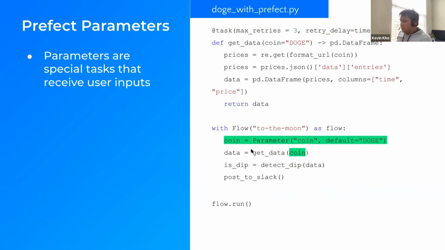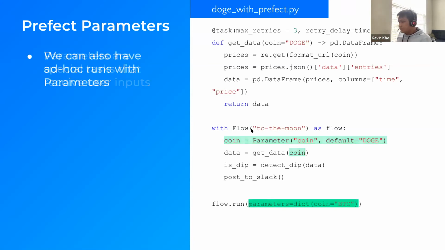So here we're defining a new parameter called coin, and the default value is Doge. And this coin we're passing into the data task that was defined above. So there was a default value in this function called Doge, and now we can override that with BTC or Ethereum, another ticker, and then we would get the data for that different cryptocurrency instead.